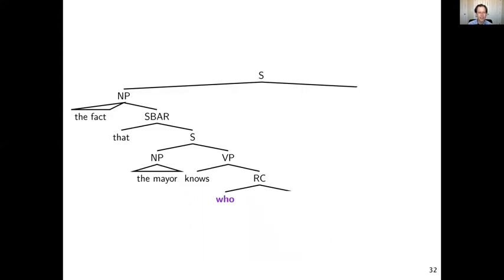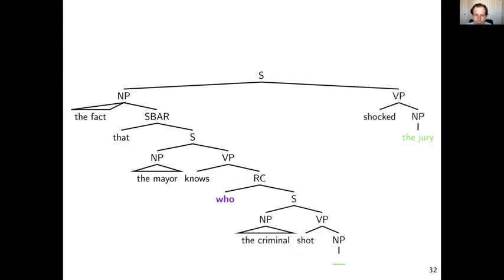And we can test this. Here's an example. The fact that the mayor knows who. There are different ways that this sentence could continue. Here's one legitimate way: the fact that the mayor knows who the criminal shot shocked the jury. This is fine. The filler is the sister of the phrase in which the gap appears.